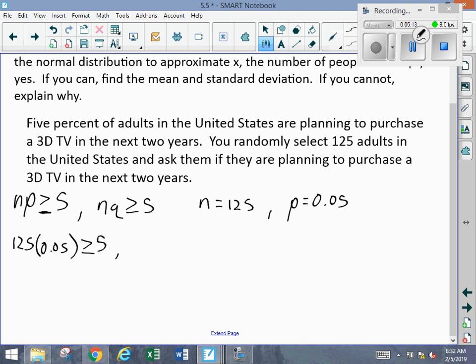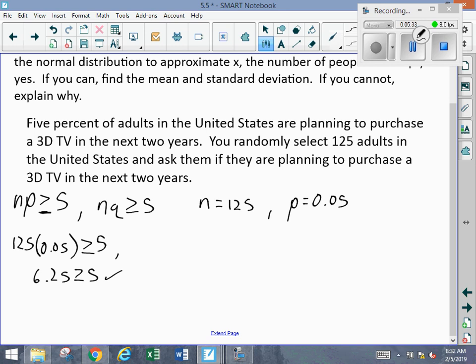Now we can get out our handy dandy calculator and find out for ourselves. So we get 6.25. So that checks out.